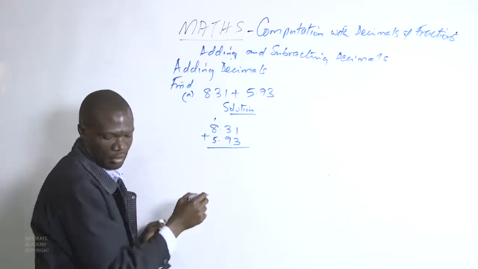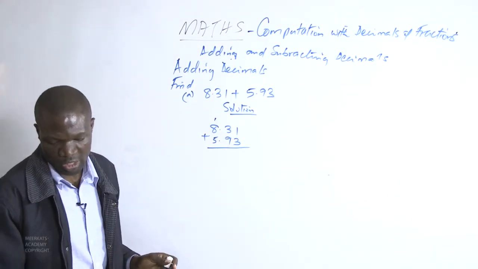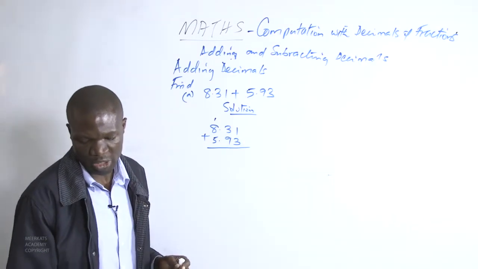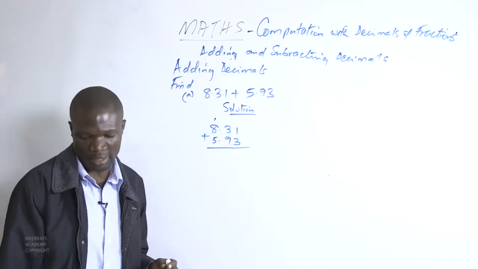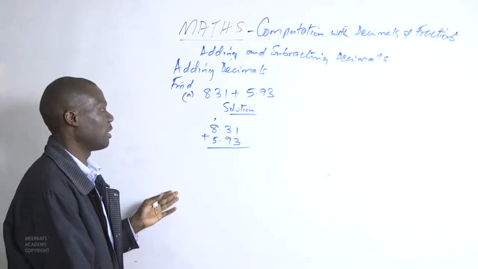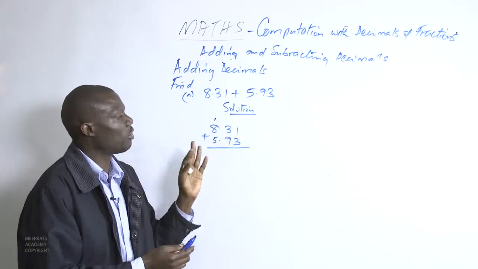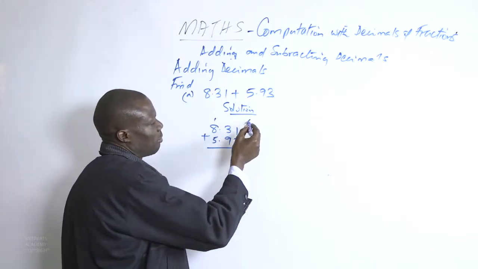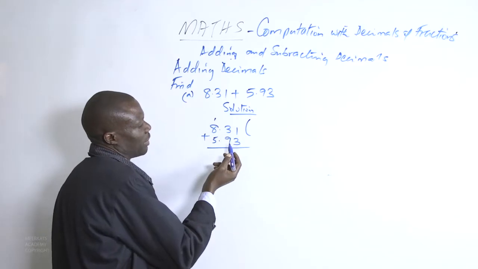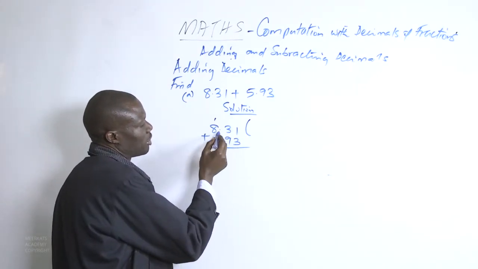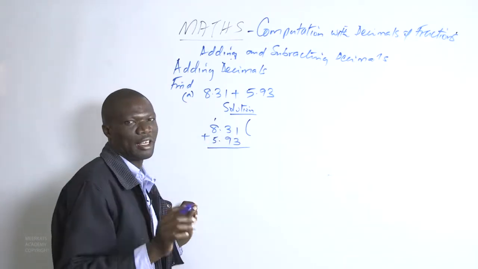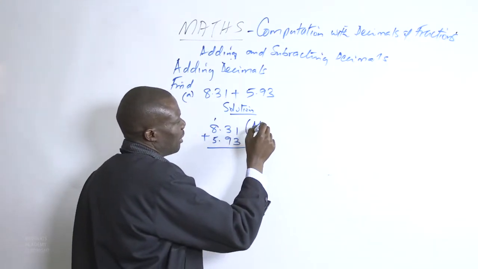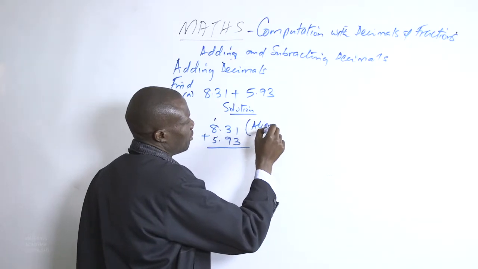Remember, in this addition, what you notice is that you must make sure that all the decimal points and decimal places are correctly aligned under one another. The reason being that both of them have the same decimal places. So we are looking at alignment.